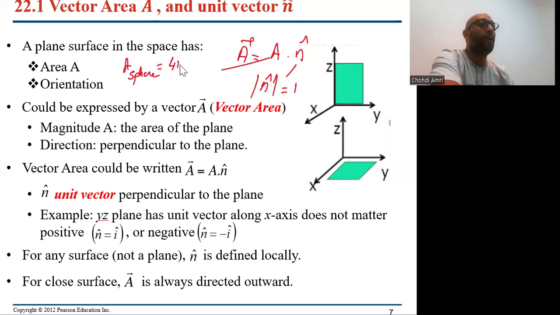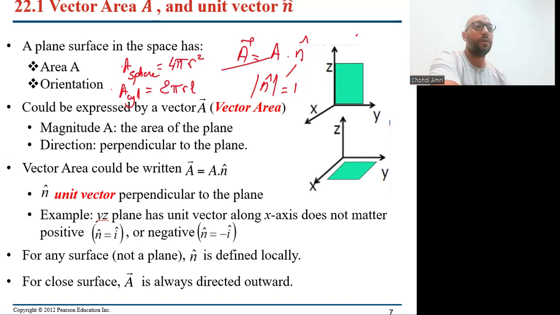Yes, it's 4 pi r squared. For the cylinder, it's 2 pi r l. Good. So this is the surface area of some specific shape. I think it's enough.